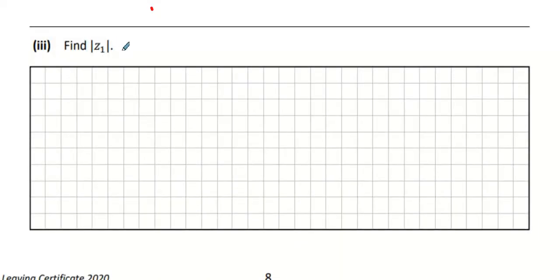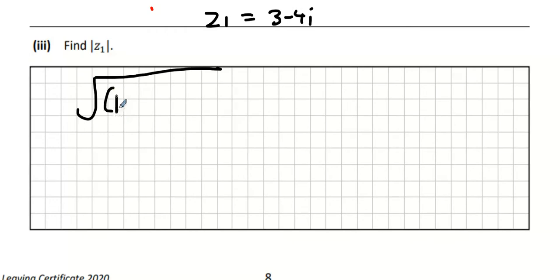Find the modulus of Z1. Well, Z1 is 3 minus 4i. Modulus means its length from the origin, which is basically the square root of the real part squared plus the imaginary part squared.